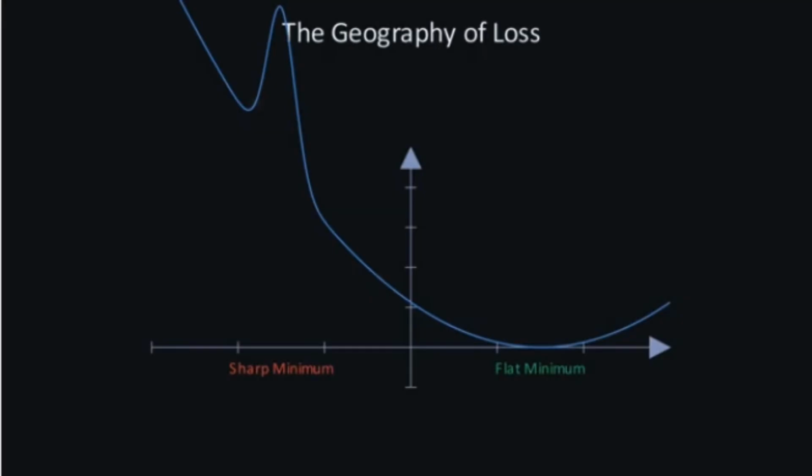There are two types of minima that result in zero error, sharp minimum and flat minimum. According to theory, sharp minima usually correspond to complex, overfitting functions. Meanwhile, flat minima correspond to simple functions that generalize well.